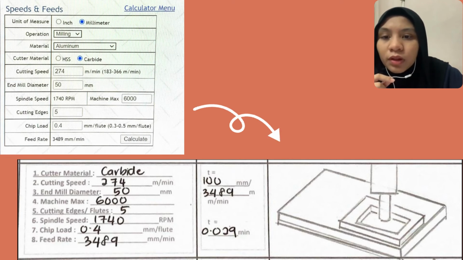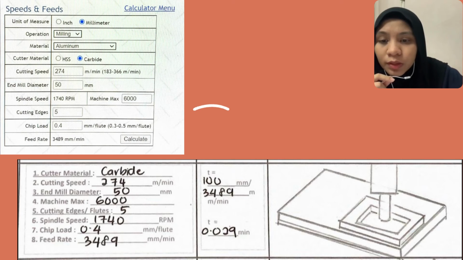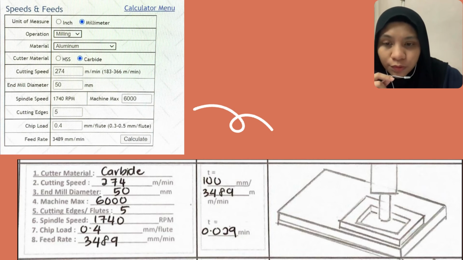After we fill out all of this, we click calculate, and it immediately shows the values for spindle speed, chip load, and feed rate. The spindle speed is 1740, the chip load is 0.4, and lastly the feed rate is 3489. So that's done. Let's go to the estimated time for this process.